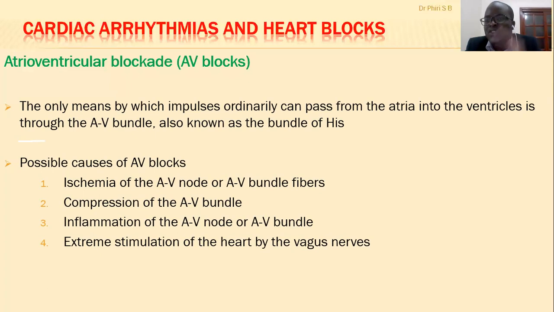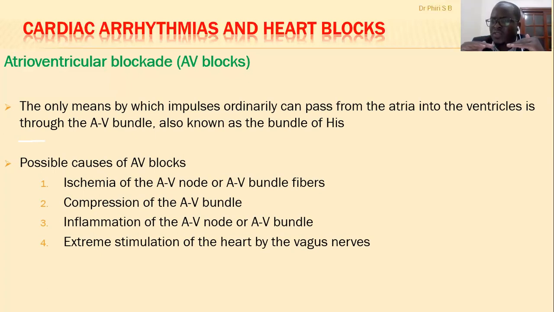The M2 receptors, or muscarinic receptors number 2, have a negative chronotropic effect on the heart, a negative dromotropic effect on the heart, and a negative inotropic effect on the heart. So they are going to reduce the conductivity of action potentials. That will bring about heart blocks. That's why during breathing, you find that there is a change in terms of the heart rate.